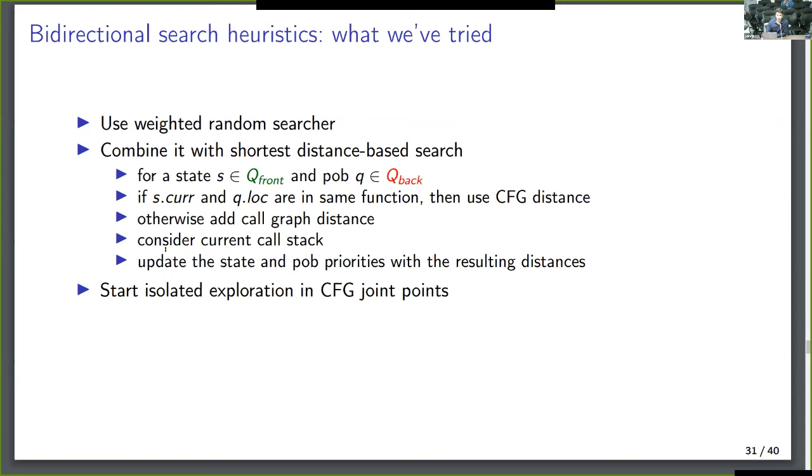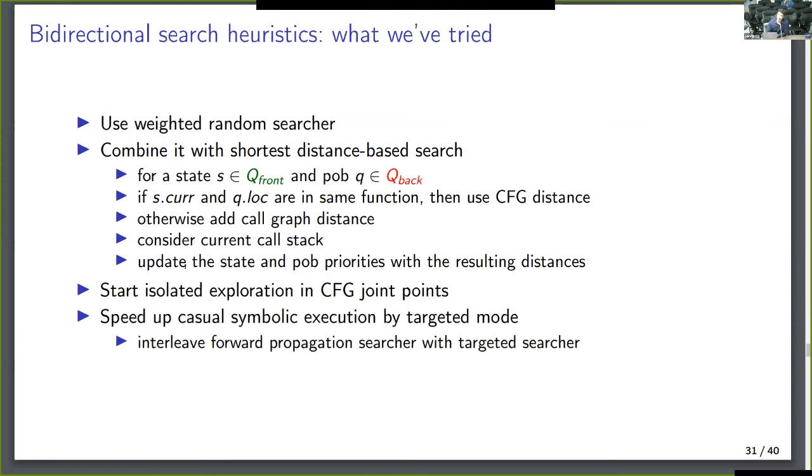There is also one insight: to start the isolated exploration in CFG join points, because these are the points where the backward exploration forks. We also tried to interleave the forward propagation searcher with the targeted searcher to speed up the usual coverage mode.